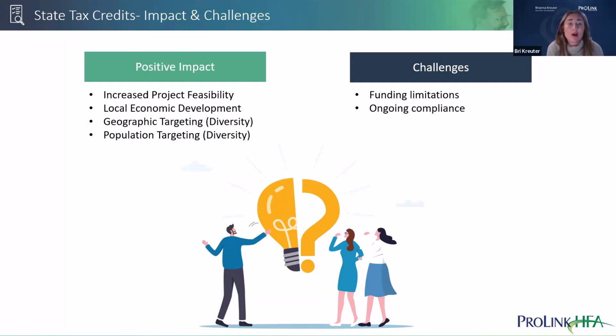Geographic is focusing on specific areas like very low income neighborhoods, qualified census tracts, or difficult to develop areas in a community. Population targeting could be focused on senior citizens, people with disabilities, low-income veterans, or workforce housing, and address specific regional housing shortages, whether that's urban centers or rural areas.